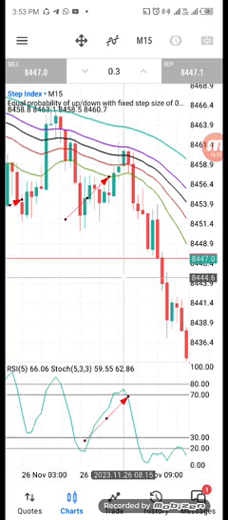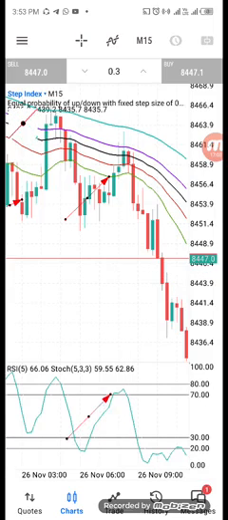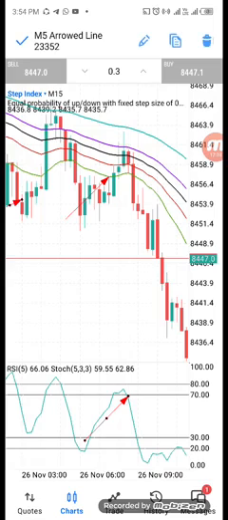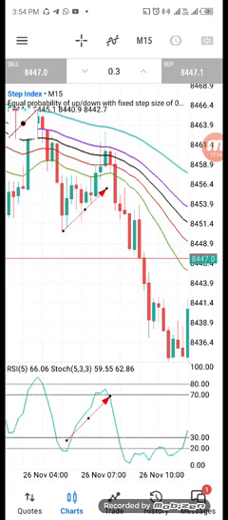Now look at this place. We have our line crossing below 70 at this level. At the same time, we have this bearish candle rejecting at our 50 EMA.